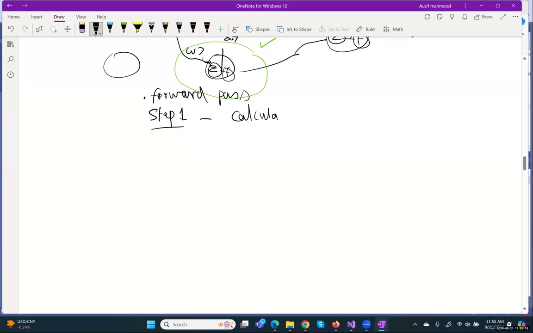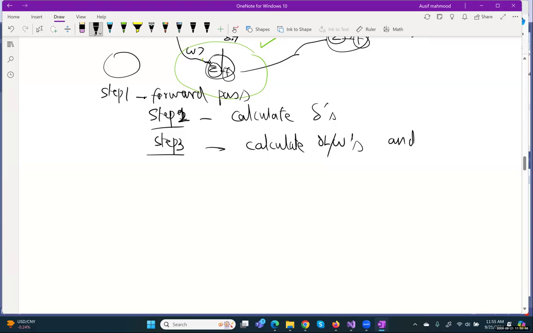You will write all the equations for what is S, S1, S2, or whatever, right? Step 2 will be to calculate the deltas. Then step 3 will be, once you have the deltas, to calculate partial L over partial W's and partial L over partial B's from these deltas. Then it becomes very, very easy.